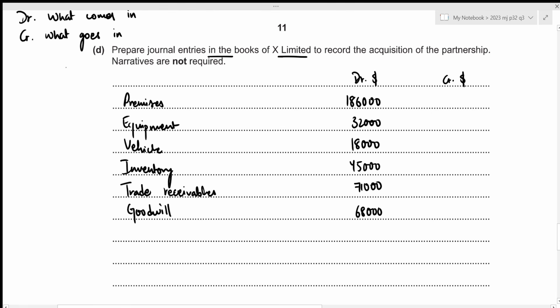Now on the credit side, we need to record what goes out. So what goes out of the business is the purchase consideration that we settled through our ordinary share capital as well as bank or cash. So ordinary share will go towards the credit side.